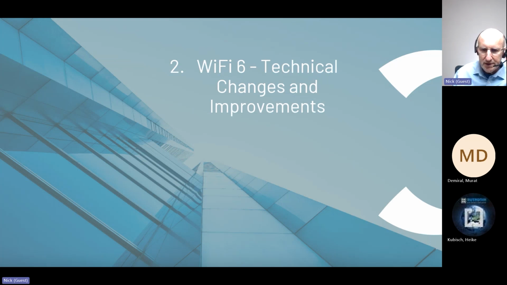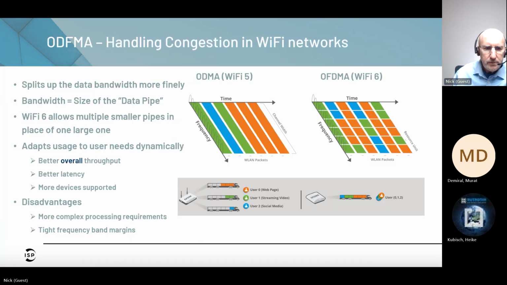Well, there's a number of different elements tackling different parts of that problem effectively. So the first one goes by the rather mouthful of orthogonal frequency division multiplexing. This is basically about splitting up the data bandwidth more finely.